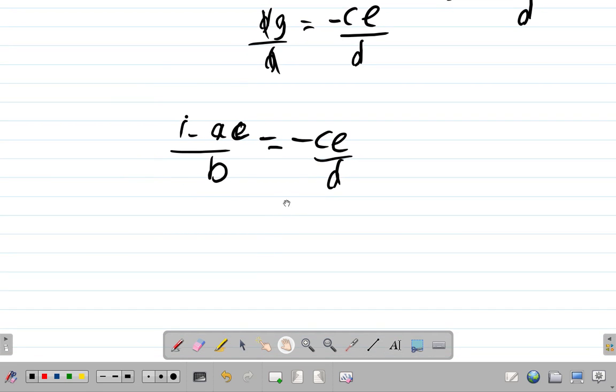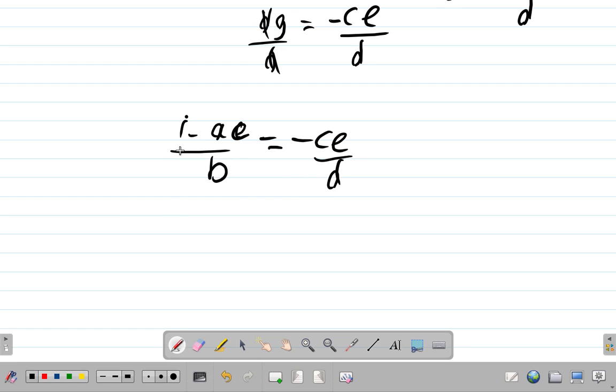So now, let us multiply both sides by D and also by B and see what's going to happen.